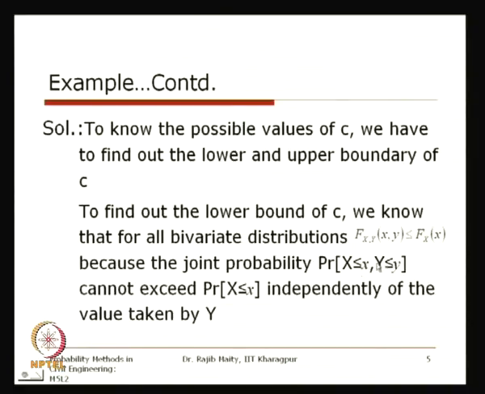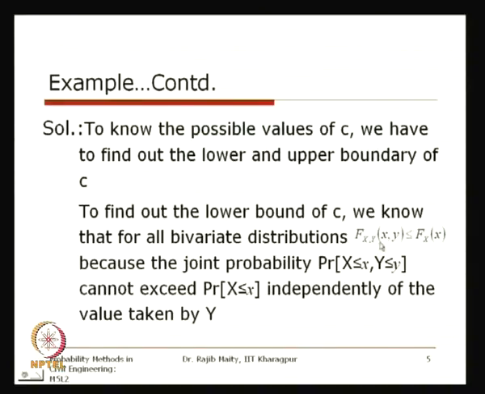Using that, it is easy to understand that the joint probability, the probability of joint occurrence X less than or equal to x and Y less than or equal to y, cannot exceed the probability of X less than or equal to x, irrespective of what the distribution of y is, that is, independently of the value taken by y.